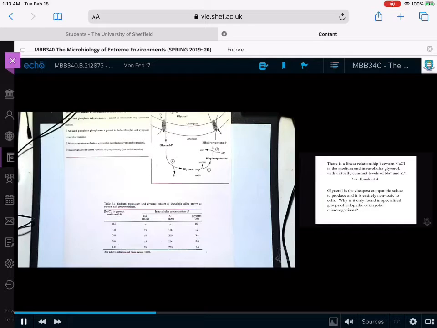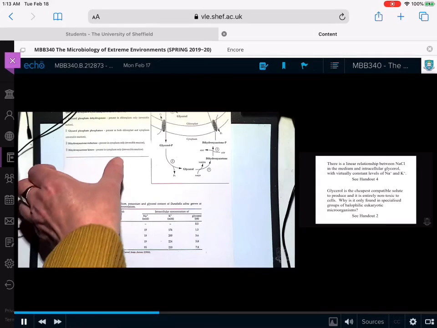Why aren't all the Halomonas and Selenovibrio and everybody else, why are they not using the cheapest compatible solute? Because when you do get a chance, if you look back to handout 2, then what you'll find is that none of the other organisms, apart from algae and a few fungi, actually utilise glycerol.